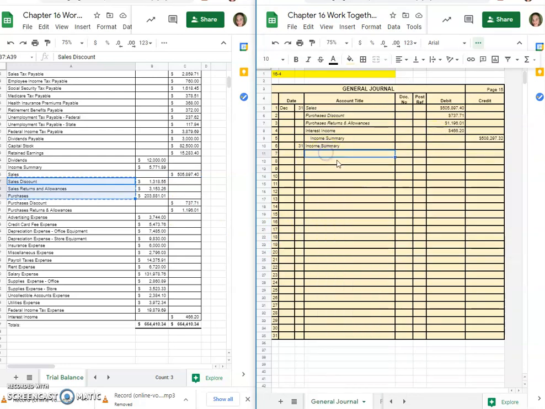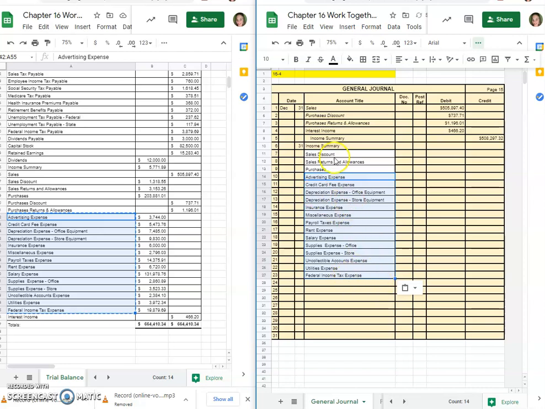I'll fix these in a minute. And then we also have all of the expenses all the way down through federal income tax expense. We'll copy those, paste them in, and I'm going to use format painter so they look good again. Every one of these should be indented because they're credited.